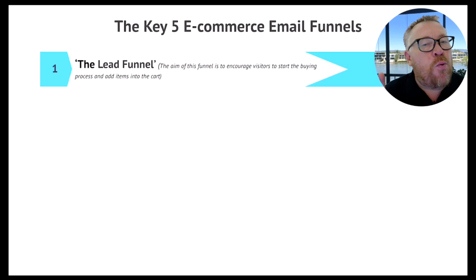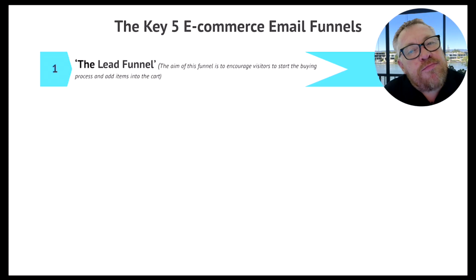Now, what tends to happen is when people come to your site, out of 100 people that come to your site, a good conversion rate for people adding to cart is 11%. That means out of those 100 people, only 11 do something on average. Now you need to be measuring that in your business, and if you're not getting that level, then you need to work on strategies to improve that.